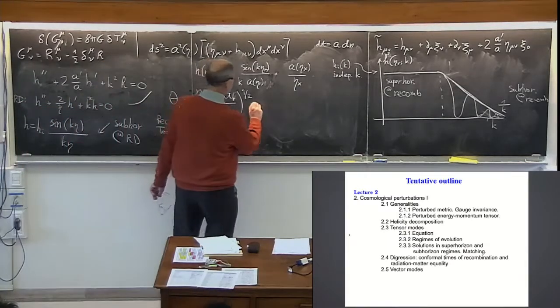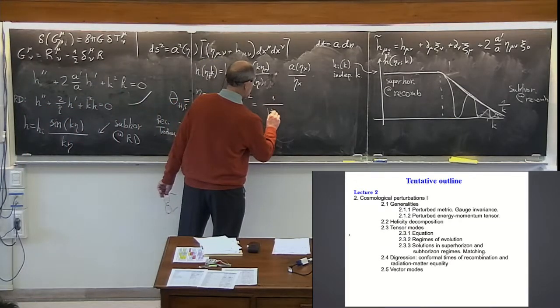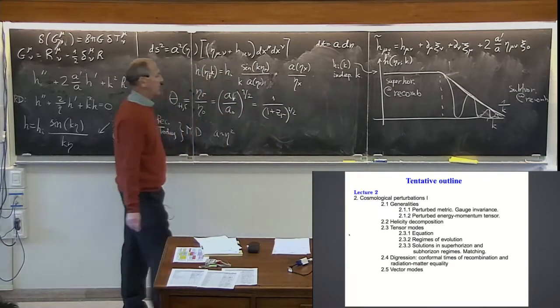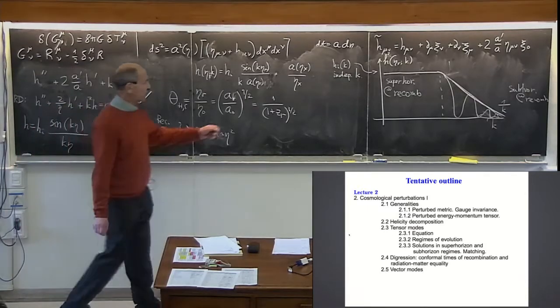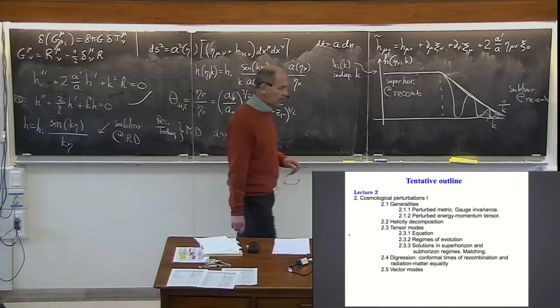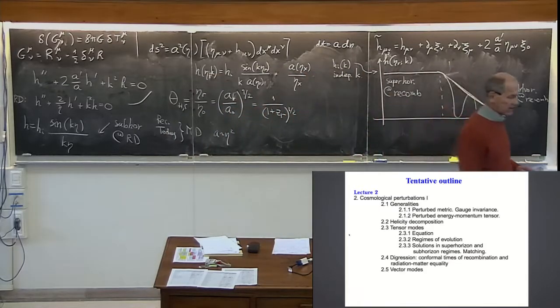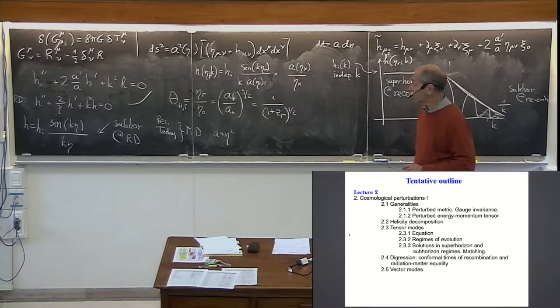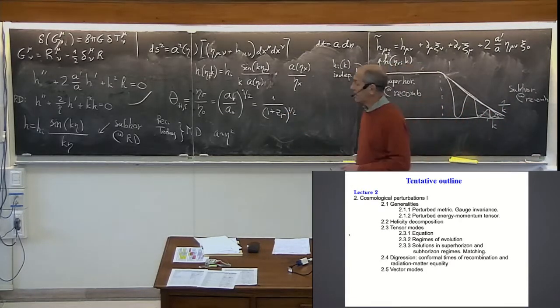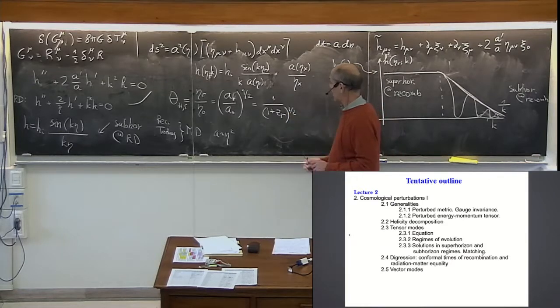So it's the square root of 1 over 1 plus z recombination. Remember, today our temperature is roughly 3 degrees. At recombination, it's 3000 degrees. So z is 1000, more precisely 1090. Its square root is about 1 over 30.